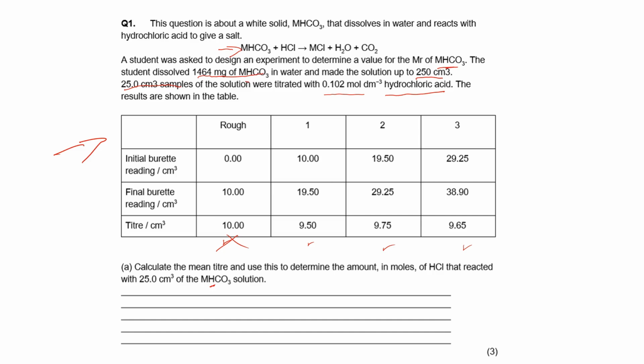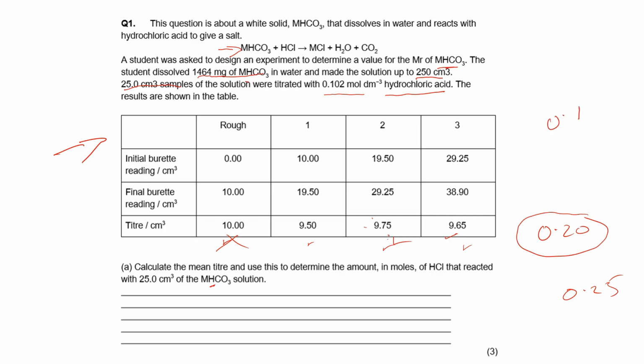Okay, so let's look at the first, second, and third. If you're going to use your titer value, you have to ensure that the difference between these values is not more than 0.20. Right, so let's see the difference between 1 and 2. You can see the difference is about 0.25, and between 2 and 3, the difference is about 0.1.